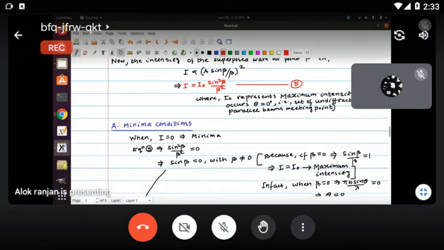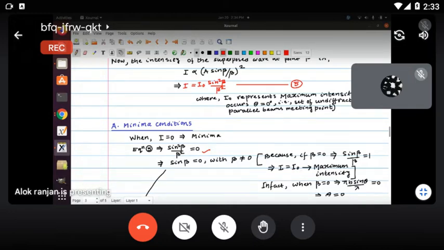And therefore sine square beta over beta square equals 0. This immediately implies sine beta equals 0, provided beta is not equal to 0. Why? If beta equals 0, then sine beta over beta will be 1, right? A 0 over 0 form. And this leads to I equal to I naught, which is the maximum intensity.